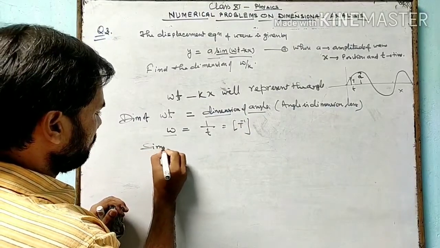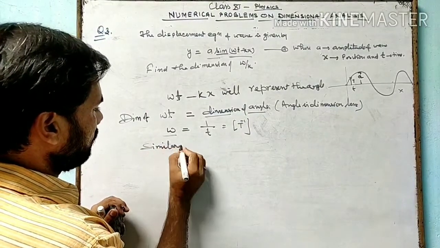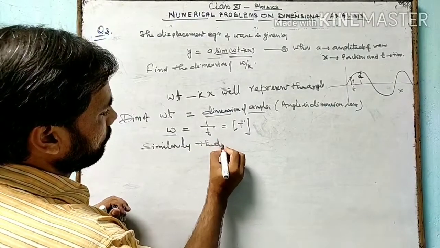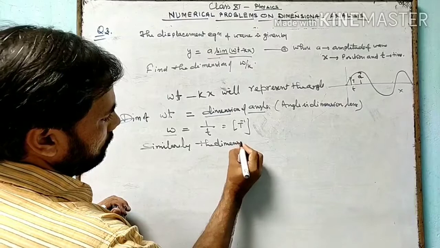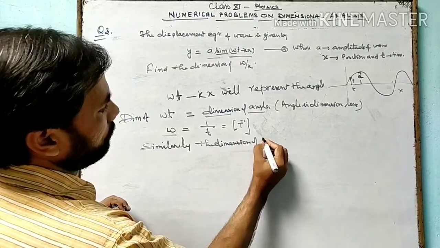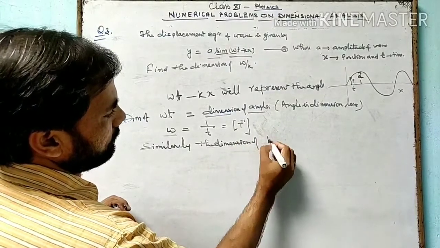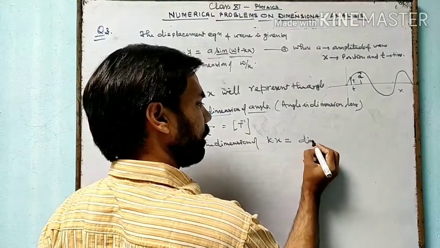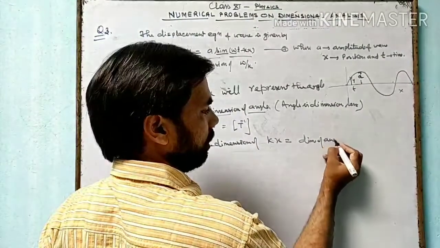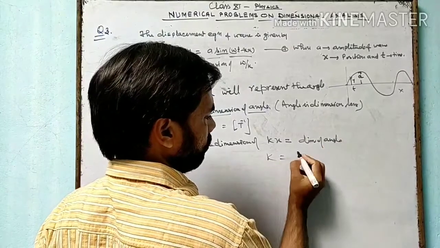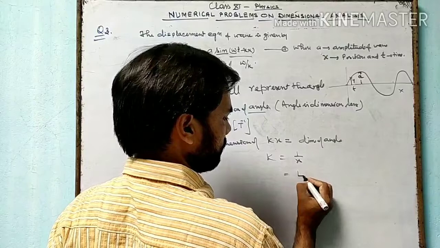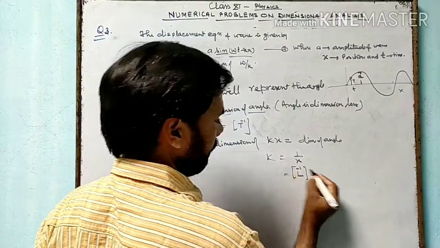Similarly, the dimension of kx is the dimension of angle. So k is equal to 1 upon x, and x is the position, so it has dimension L, hence k has dimension L minus 1.